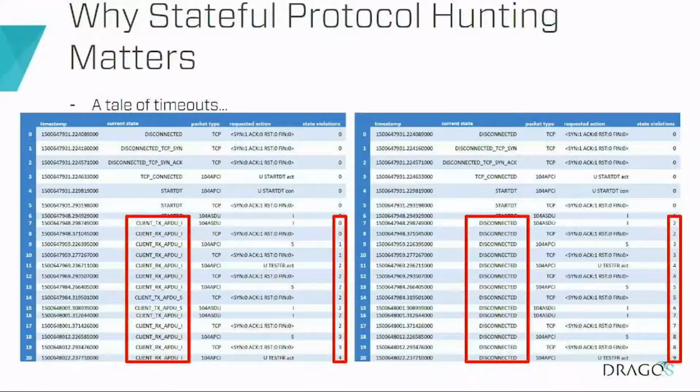When you're testing malware like this, it's important to have both. On the next slide, we'll cover what both of those look like.